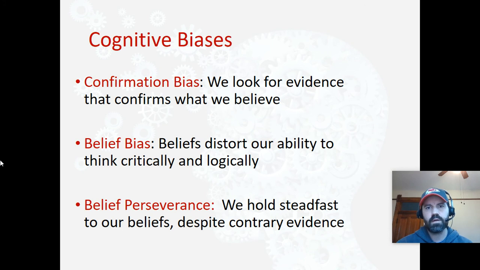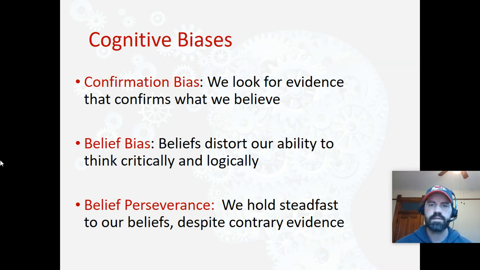These next two are new terms, but they're relatively straightforward. Belief bias. If someone is trying to give us evidence that goes against what we believe, we have a hard time thinking critically. There are countless examples of this. If someone tries to tell you something that goes against your political or religious belief, you may struggle to think logically about what someone is telling you, or something that you're reading or seeing on TV, because your belief is strongly pushing you to think, this isn't true.